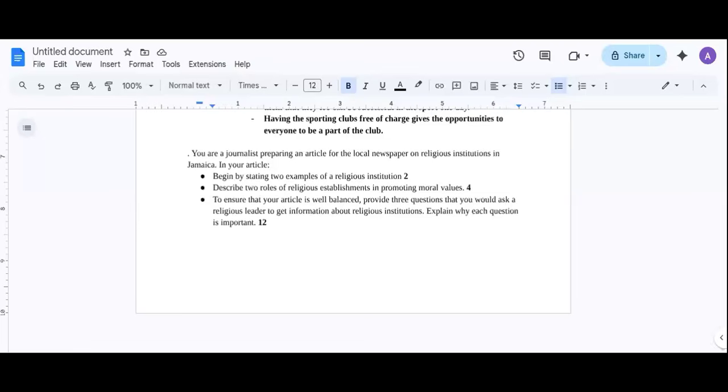Let's see what Haley has. I've been seeing the name there. Haley, the second part says describe 2 roles of religious establishments in promoting moral values. How many marks did you give her there?